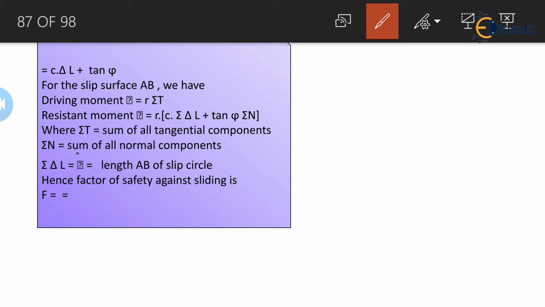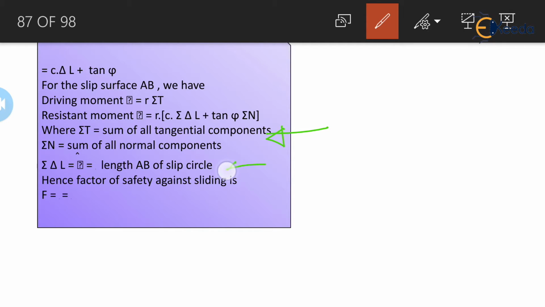Summation T is the sum of all tangential components, summation N is the sum of all normal components, and summation of delta L is the curved length of the slip circle.